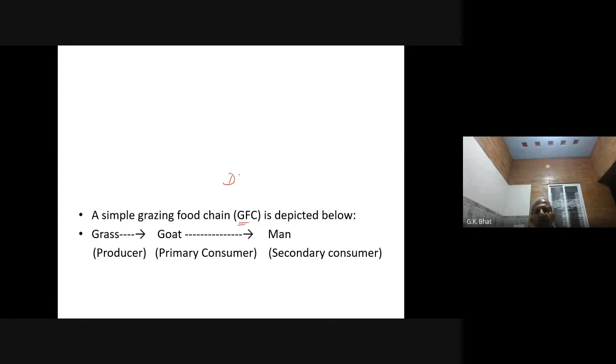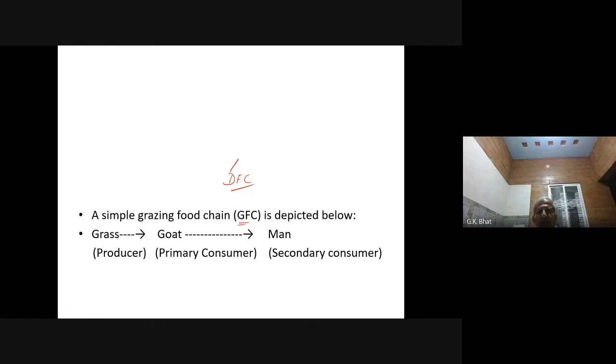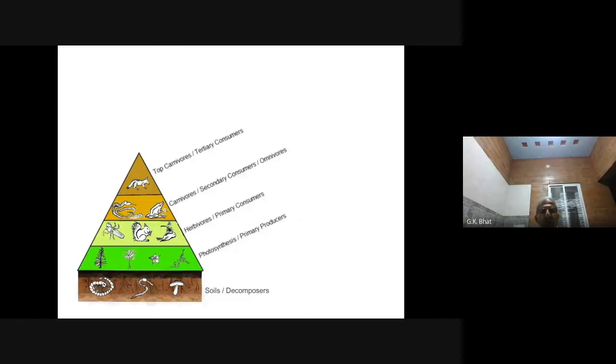GFC is grazing food chain. A simple grazing food chain is grass producer, goat primary consumer, man secondary consumer. Look here.